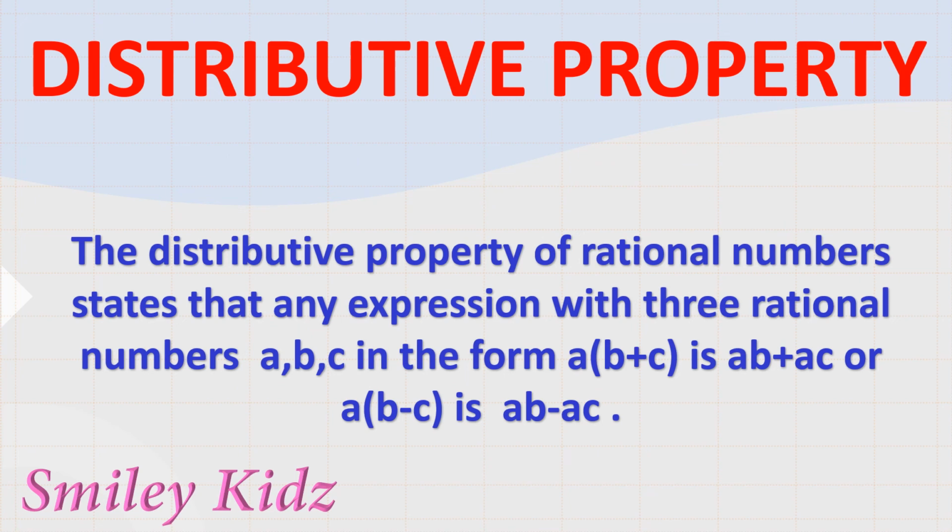What is distributive property? The distributive property of rational numbers states that any expression with three rational numbers a, b, c in the form a multiplied by (b plus c) is a multiplied by b plus a multiplied by c, or a multiplied by (b minus c) is a multiplied by b minus a multiplied by c.